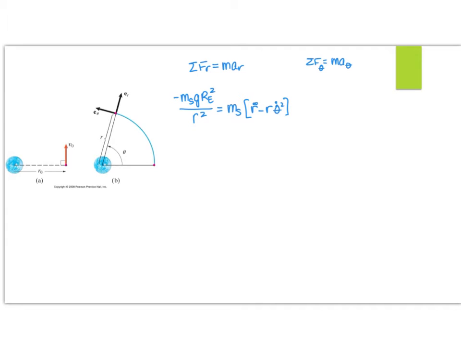We're just using our polar coordinate expressions for acceleration here. There is no force in the theta direction. Gravity's totally a central force. It's the whole point of this derivation. So these are our two equations of motion.